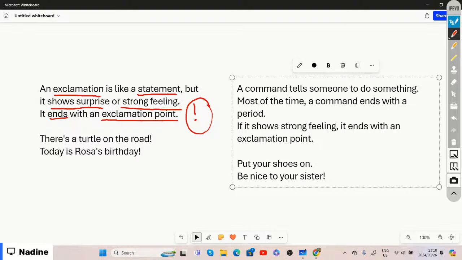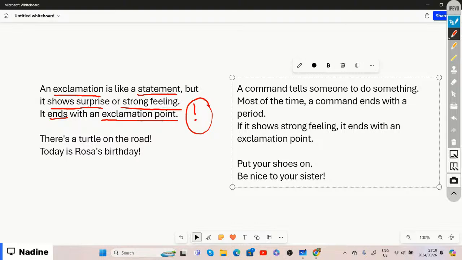Or are you going to say, there's a turtle on the road? Right? So, which means that with an exclamation, you need to show strong feelings. It's almost like you are stressing a point, you are raising your tone, right? Because now you are shocked, you're surprised, you are kind of scared or afraid that your parent is either gonna knock or drive over the turtle.